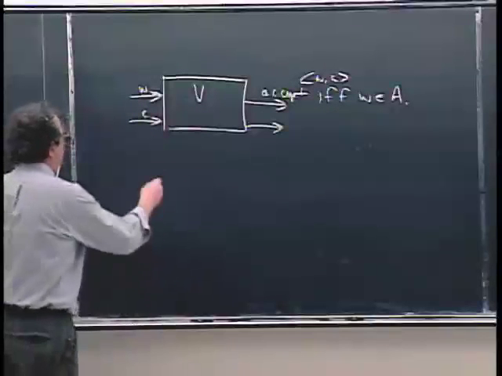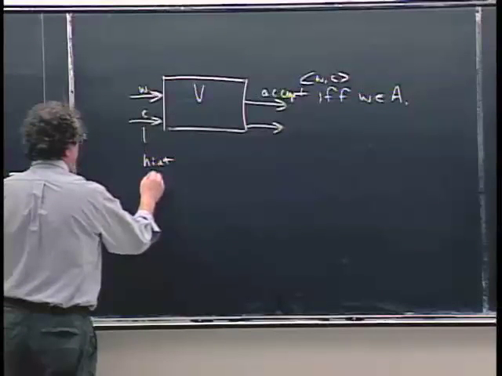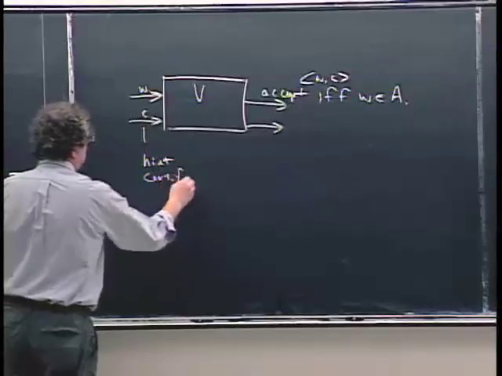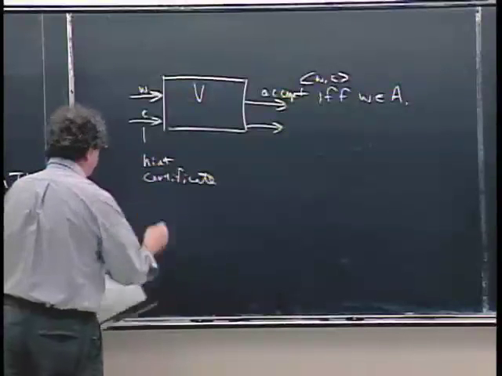This C is called a hint, or sometimes a certificate. What other words do they use for this? Proof, and so on.